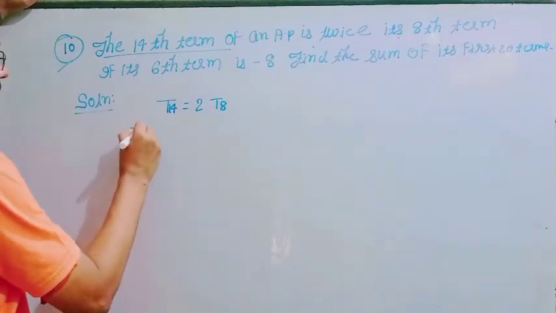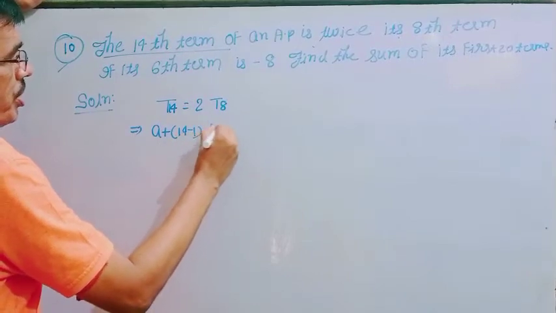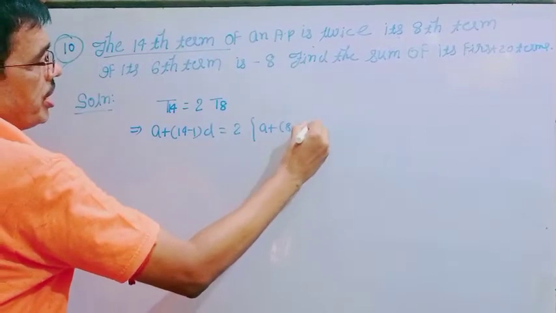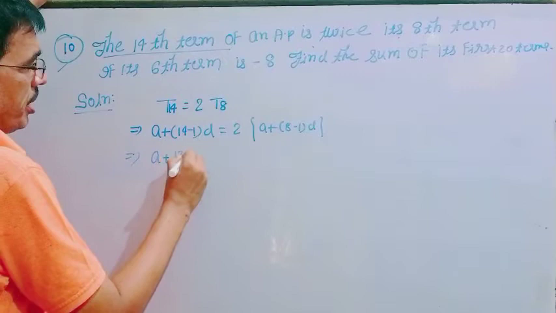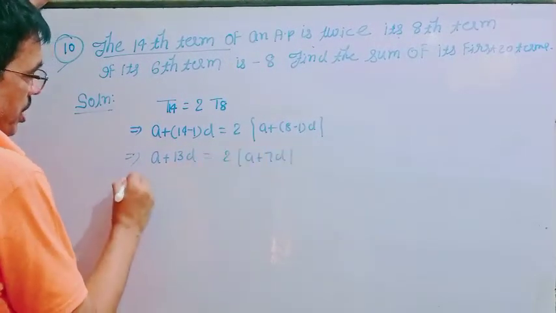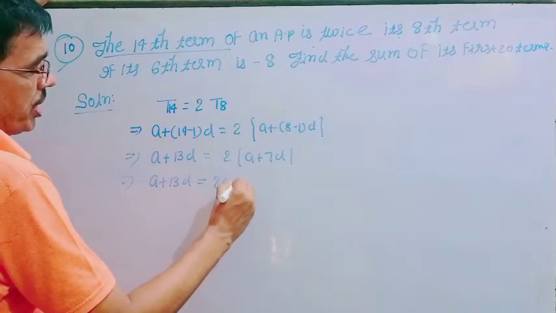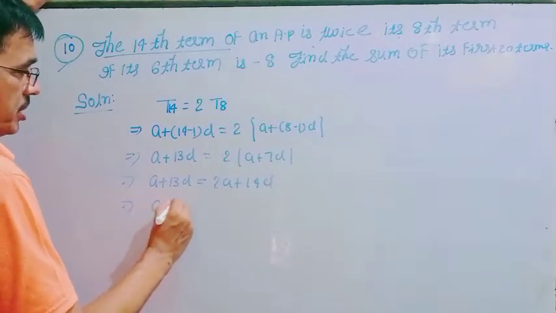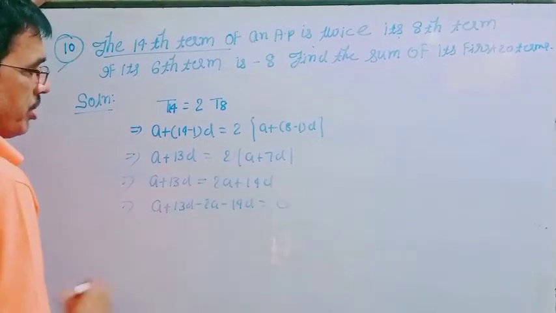Then you write the equation: A plus 14 minus 1 into D is equal to 2 into A plus 8 minus 1 into D. Then A plus 13D is equal to 2A plus 14D. Then A plus 13D minus 2A minus 14D is equal to 0.